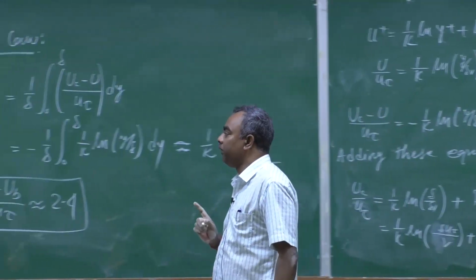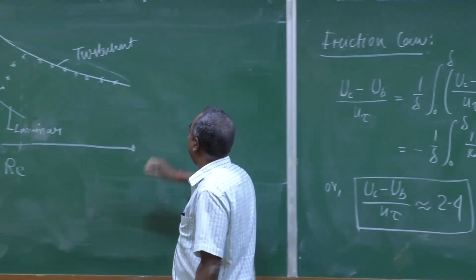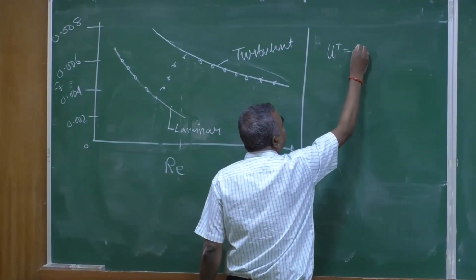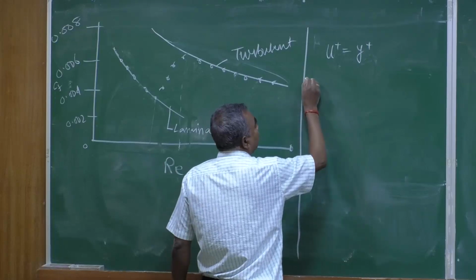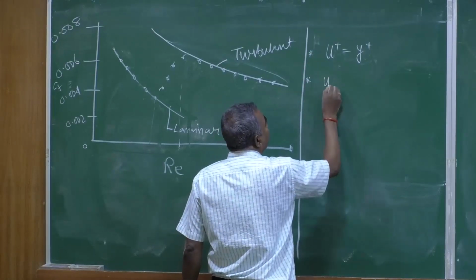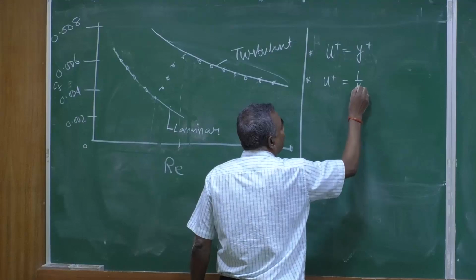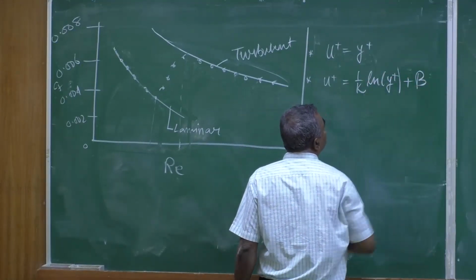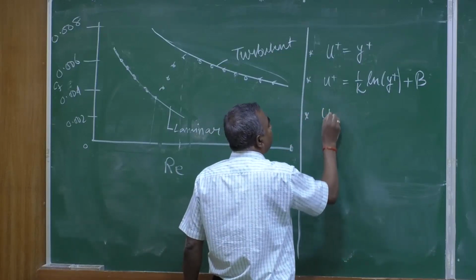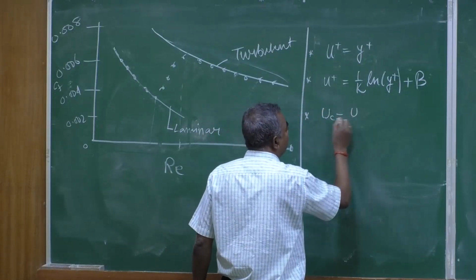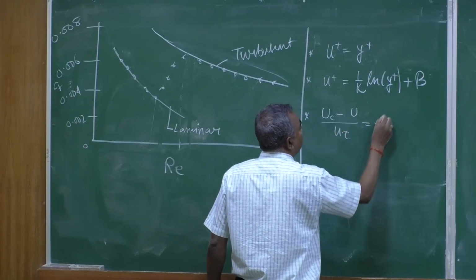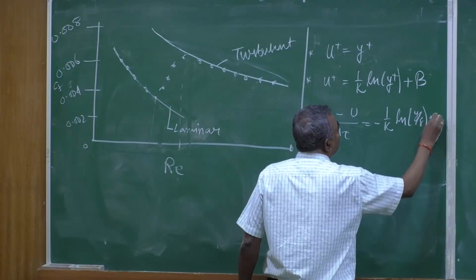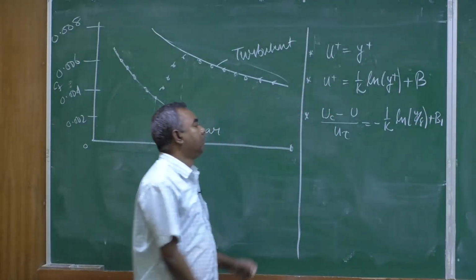For the velocity profile we got three, so CF is varying like that, and velocity very close to the wall is going to be u plus equals y plus. Then we found u plus for the log layer, u plus equals 1 by kappa ln y plus plus B. Then for the defect law we found u_c minus u by u_tau equals minus 1 by kappa ln y by delta plus B1.